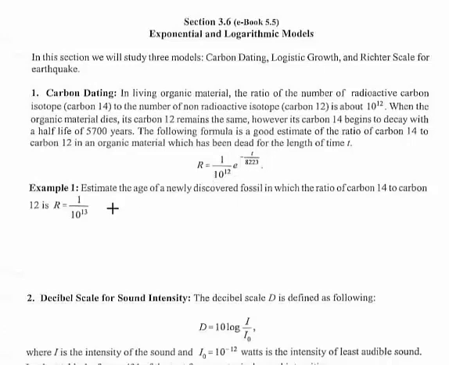So example 1 reads, estimate the age of a newly discovered fossil in which the ratio of carbon-14 to carbon-12 is R equals 1 over 10 to the 13th power. We don't have to come up with this formula on our own. We're just given the formula.